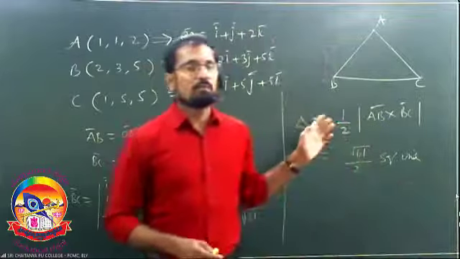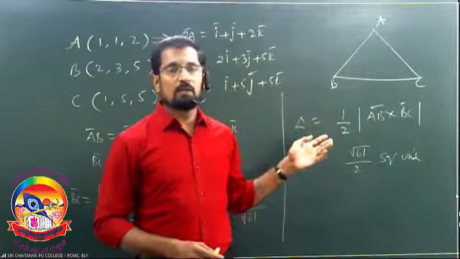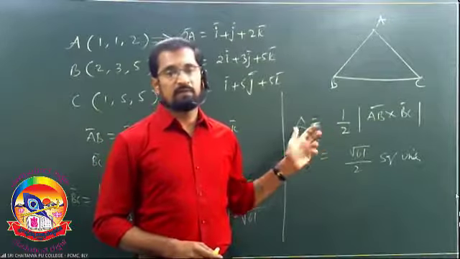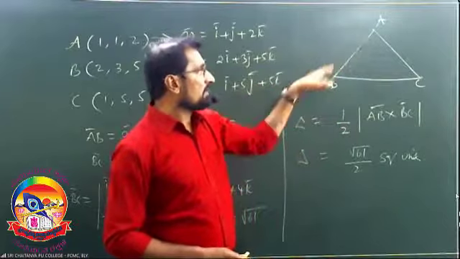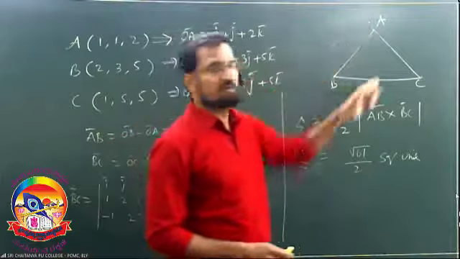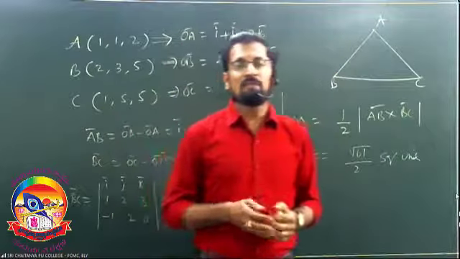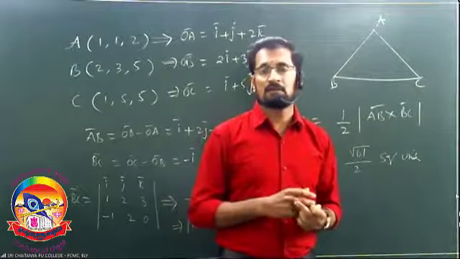And even you can use the formula. Now I used 1 by 2 into the magnitude of AB bar cross BC bar. Even you can find out AB bar cross AC bar, like that. Instead of finding BC, even you can apply AC bar. Why? Because those two sides are also adjacent sides.